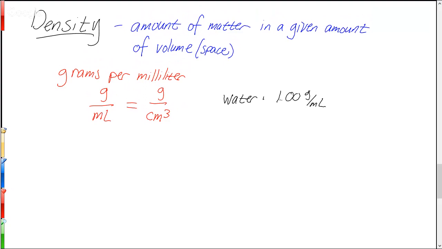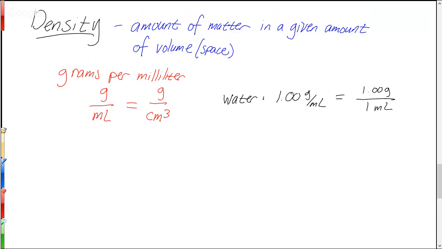Another way of writing that is 1 gram divided by 1 milliliter. So if you look at it that way, it kind of looks like a conversion factor. You've got a unit on the top and a unit on the bottom. So we can use this in problems to convert between mass and volume.